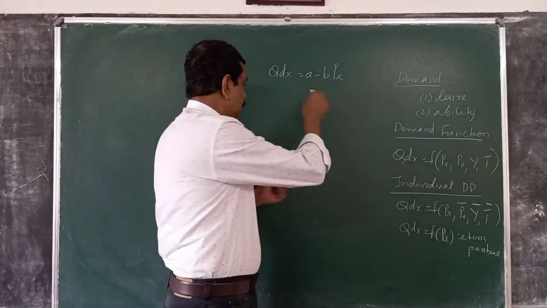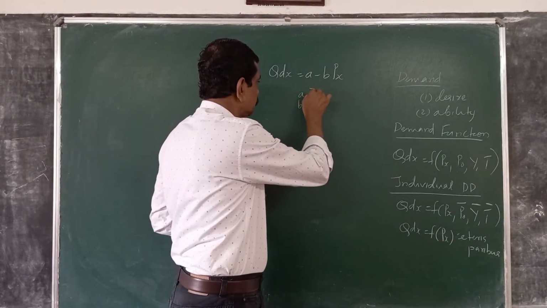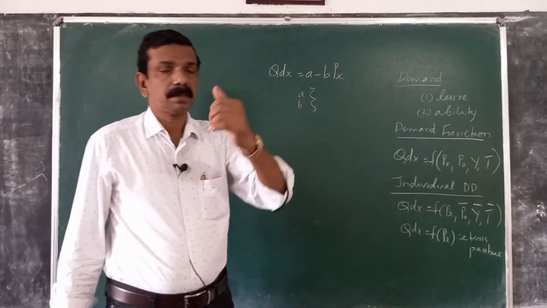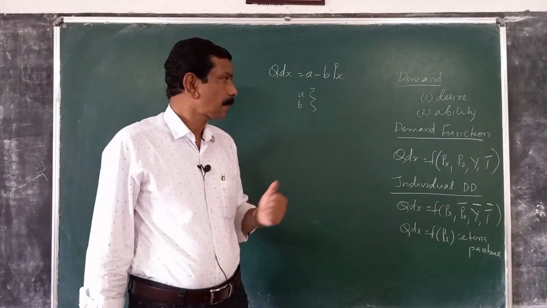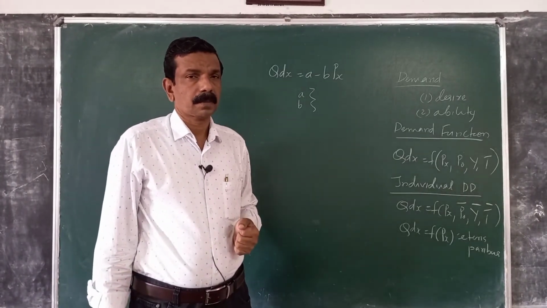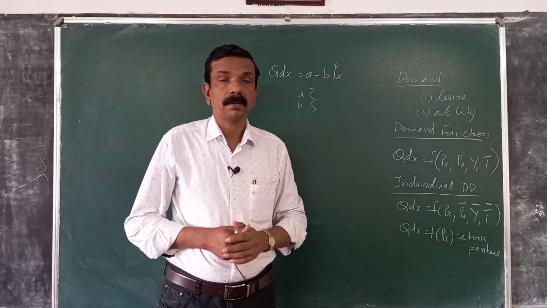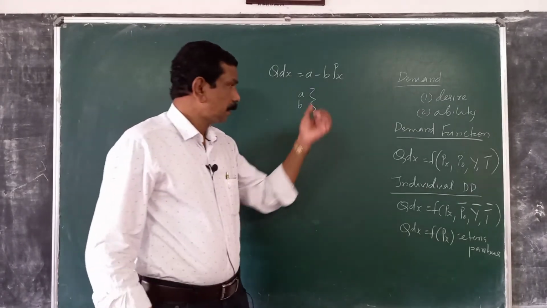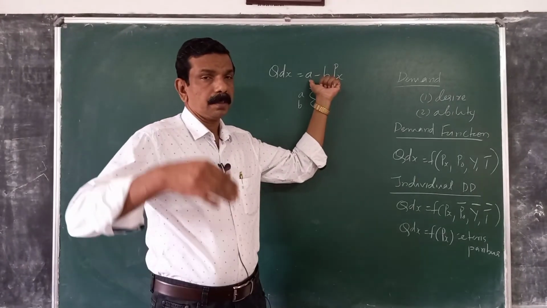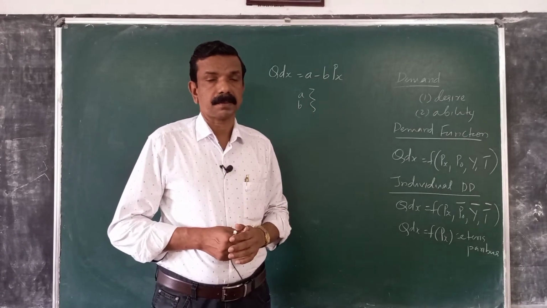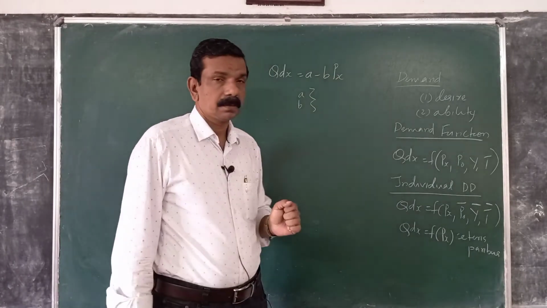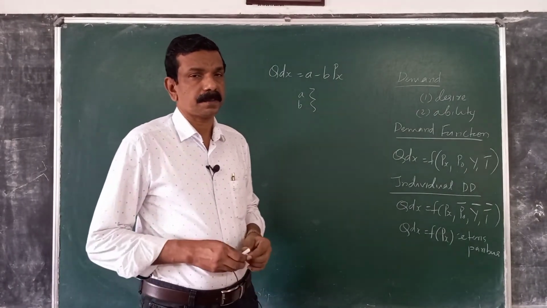This a and b are known as the constants defining the relationship between price and quantity demanded. They are also known as the parameters, or coefficients. a is the intercept coefficient, b is the slope coefficient.